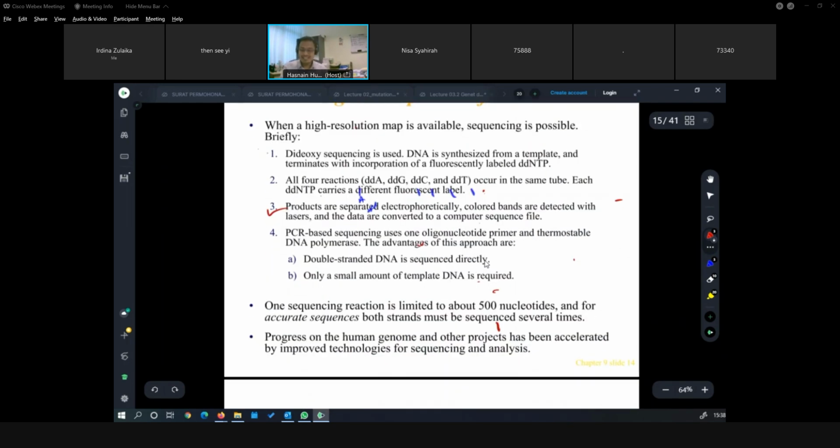All right. So basically, that is why we do sequencing. You remember in the previous lecture, scientists already know this region, when there is a defective region, it causes a disorder, right?